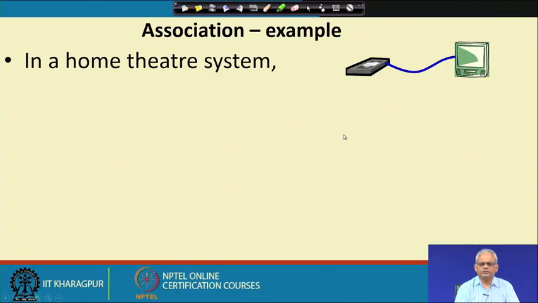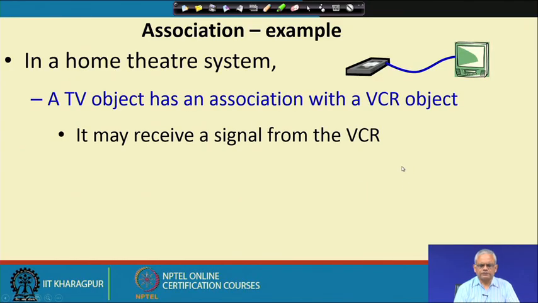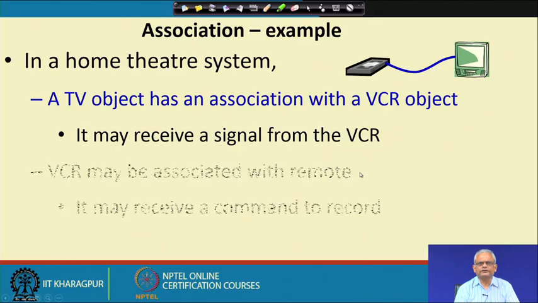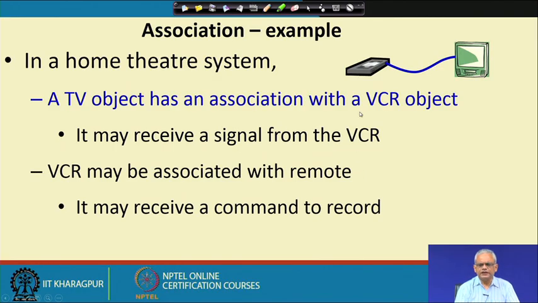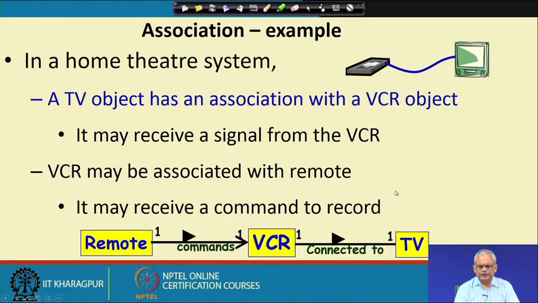So, the remote object can give a command to the VCR to record what is being played on the TV. The TV object is associated to the VCR object, because the VCR object receives signal from the TV object, and the VCR may in turn be associated with a remote, and it can receive commands from the remote.